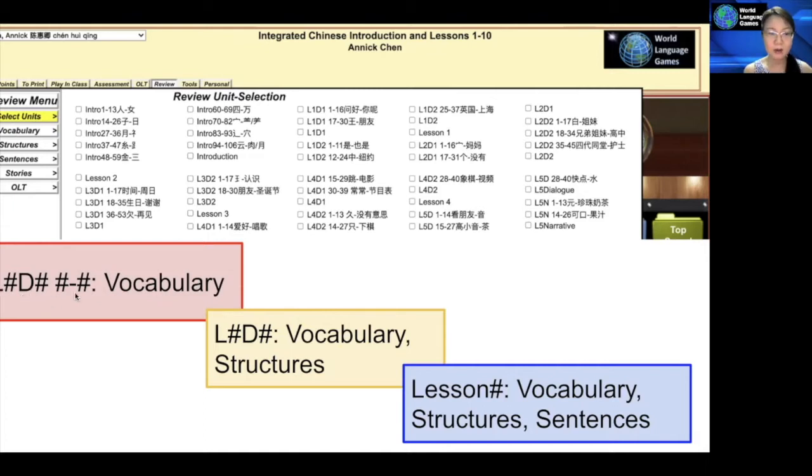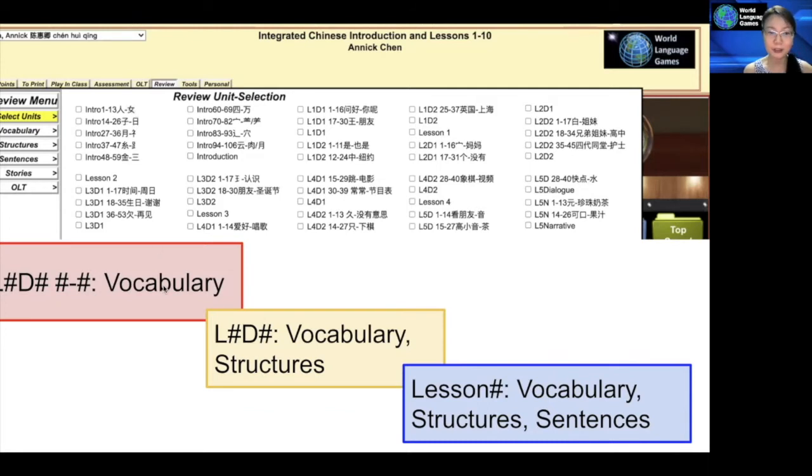Here is how I categorize and how I organize my lessons, because each lesson has a lot of vocabulary words, and I do not want to overwhelm my students. So I chunk down the vocabulary words in between 10 to 20, sometimes 10 to 18, I think 18 is the maximum, for students to practice at a time.